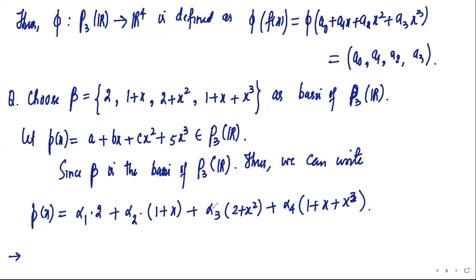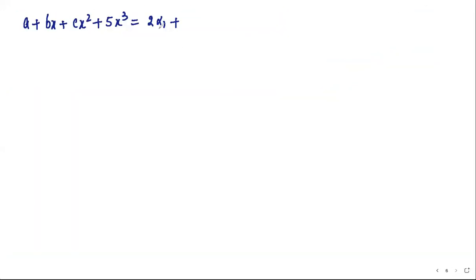Alpha 2 times 1 plus x, then alpha 3 times 2 plus x square, then alpha 4 times 1 plus x cube.